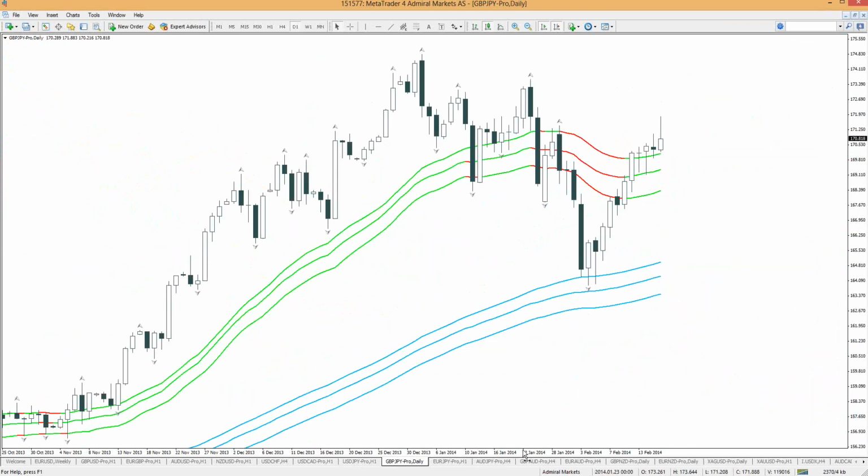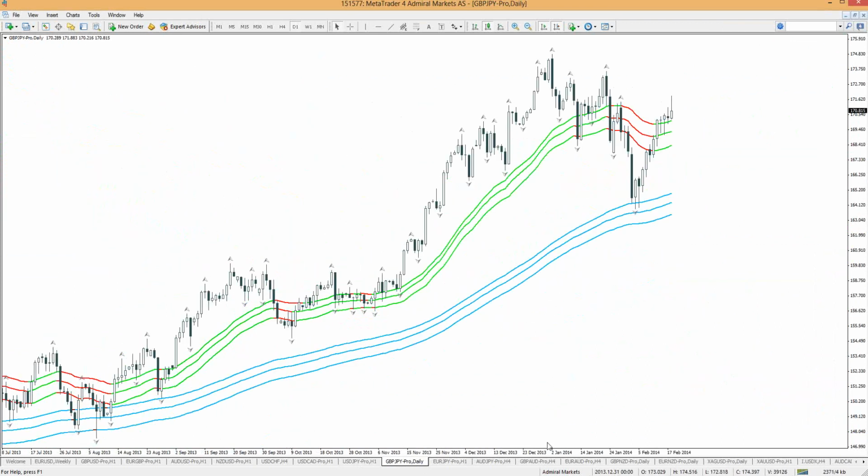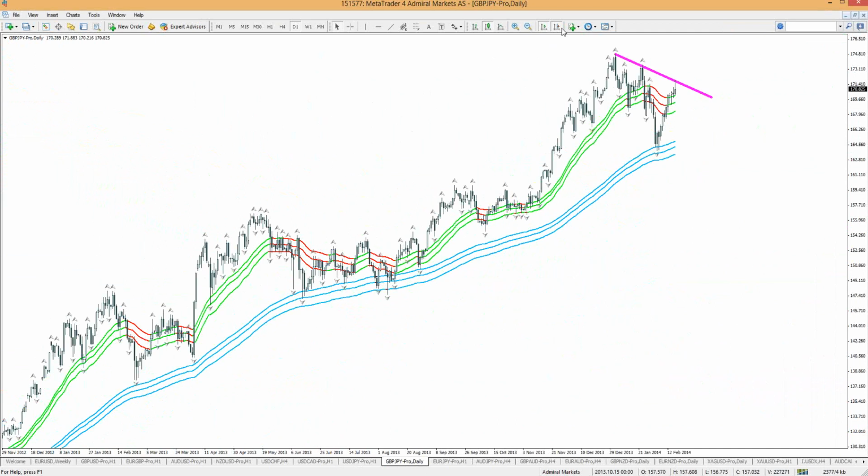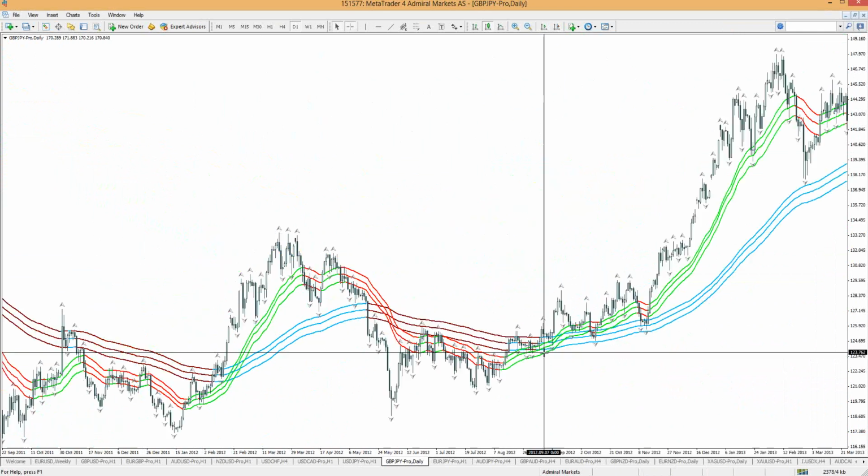Daily chart is definitely in a strong trend. Right? Because look, price has been above the moving averages, above this blue band for a very long time, basically since the uptrend started here in September 2012.